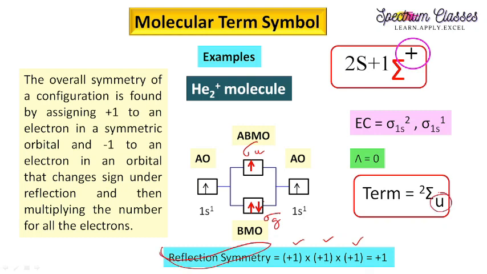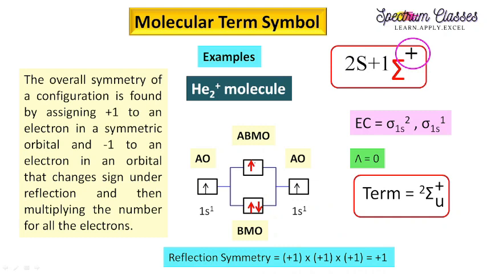You can ask why it is written this way: for this electron plus 1 multiplied by plus 1, and this one has minus 1, so multiplying by minus 1, you will ultimately get minus 1. So minus 1 is ungerade. That is why this is written as ungerade, right? This is the term symbol for this molecular ion.